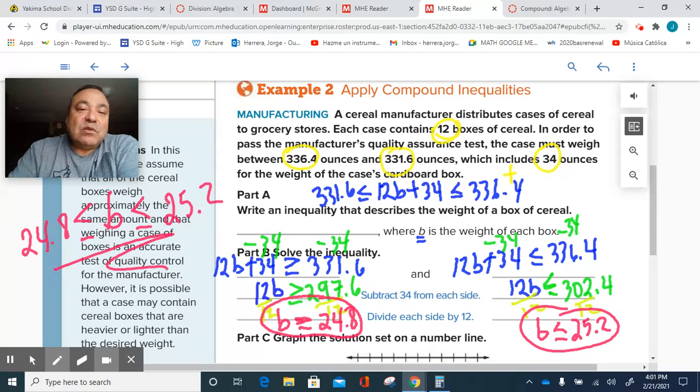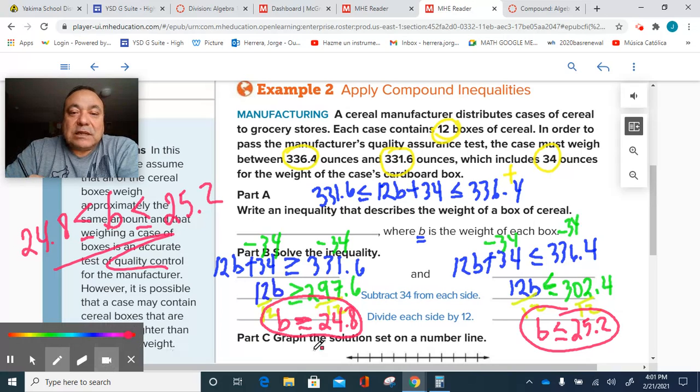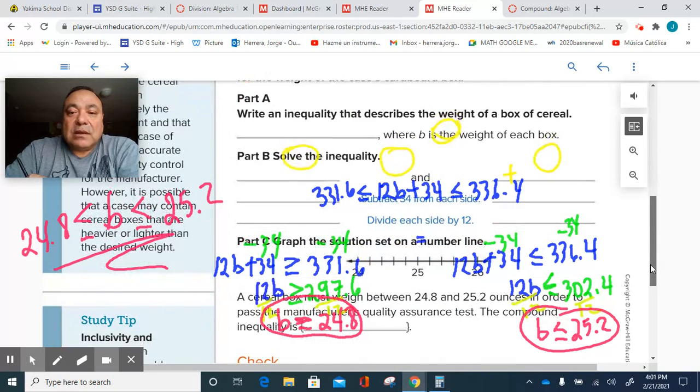Now if we want to graph that, the answers are going to be right in the middle, guys. Let me clear that out a little bit. Sorry about the mess.